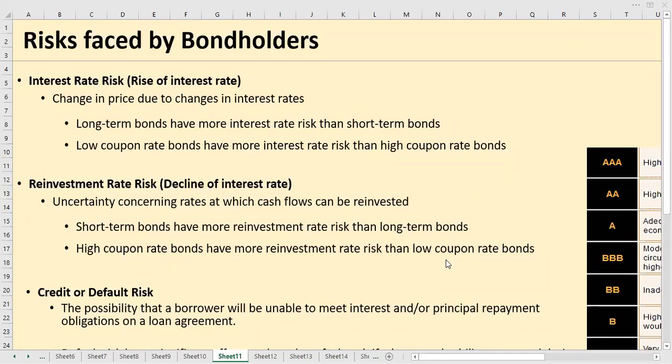So how do you manage this in the market? Whatever bond you buy, if it is long term, you are exposed to interest rate risk. If it is short term, you are exposed to reinvestment risk. So what is the strategy that we can follow here?